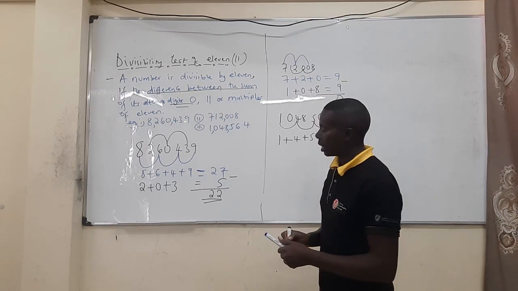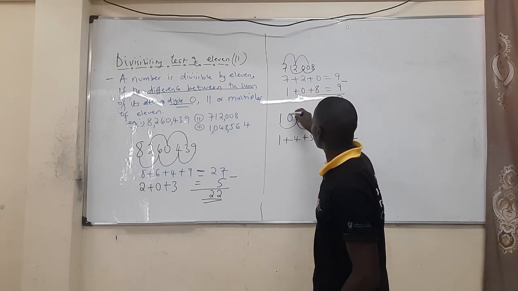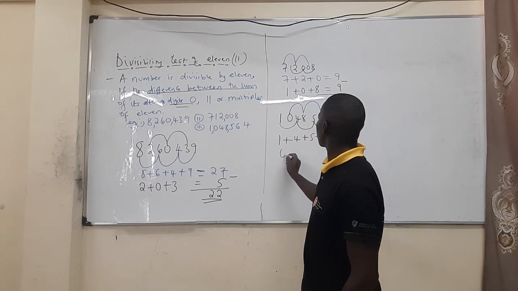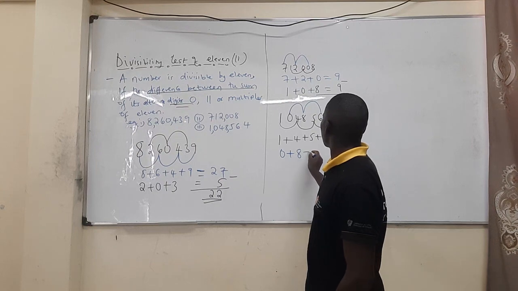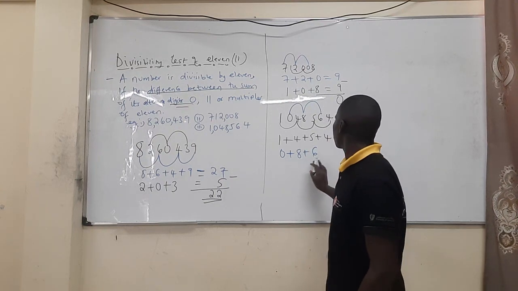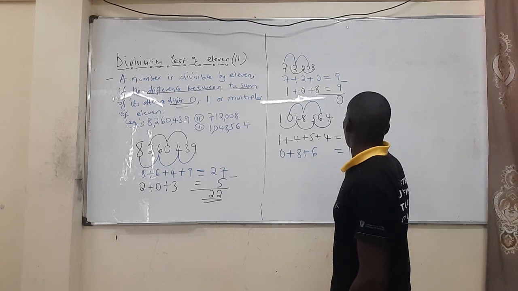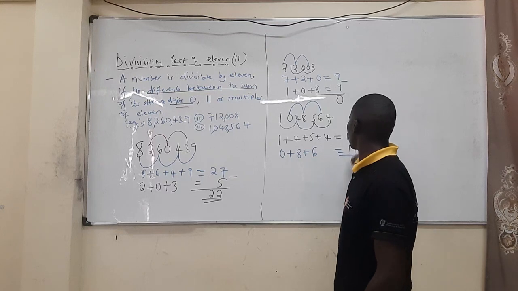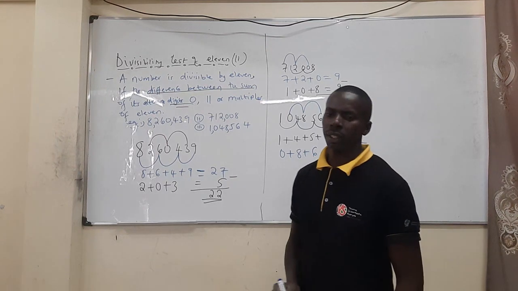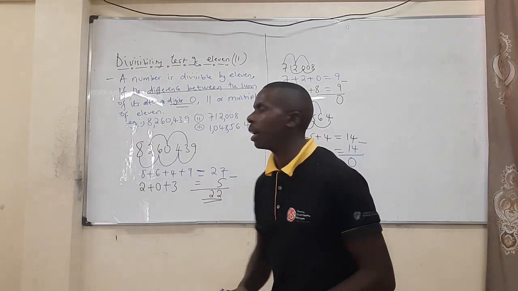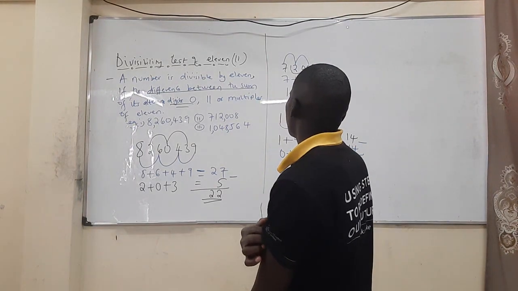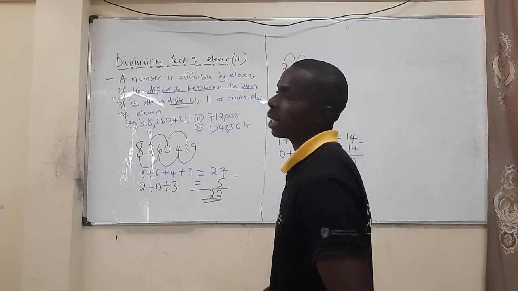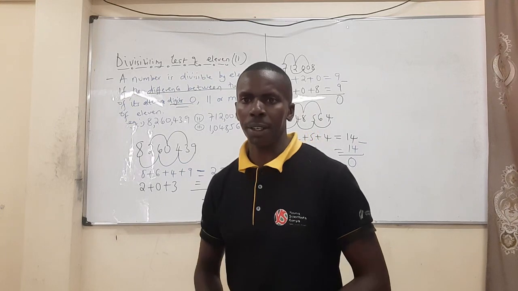Then the other alternate, 0 goes with 8, then 6. So you have 0 plus 8 plus 6, which is 14. Then the difference between these sums of the alternates is 14 minus 14, which gives 0, meaning that 1,048,564 is divisible by 11.